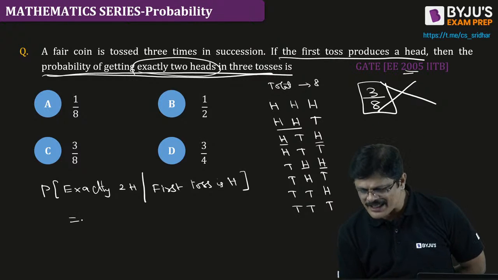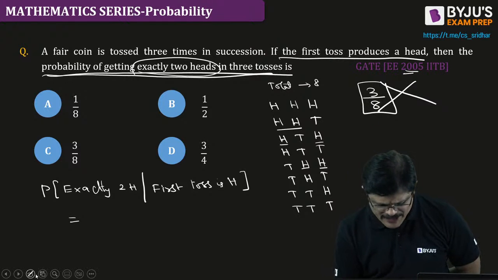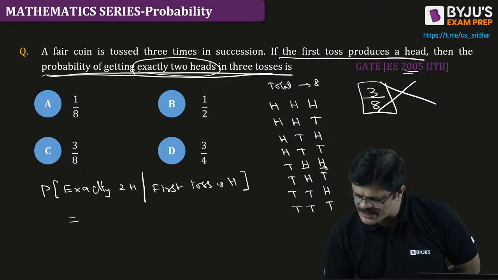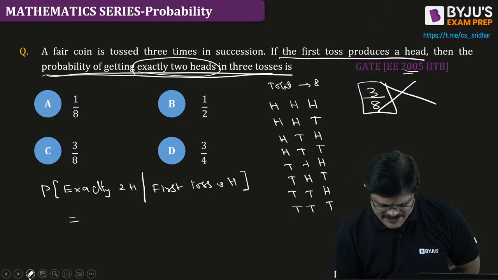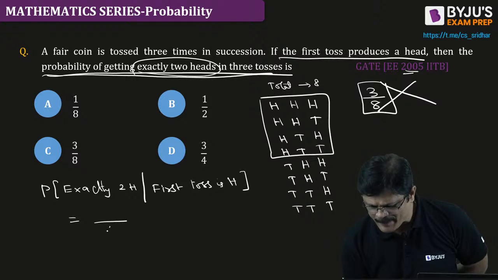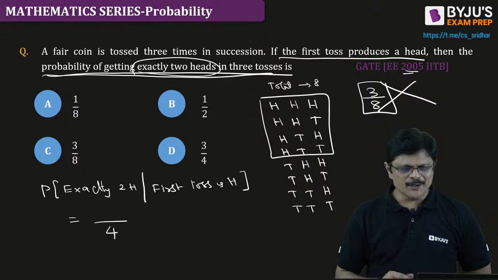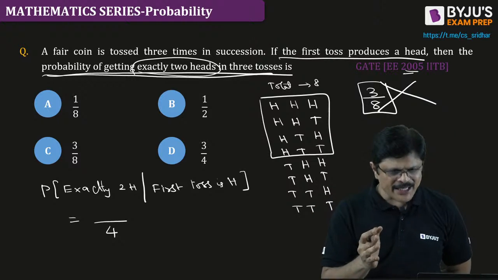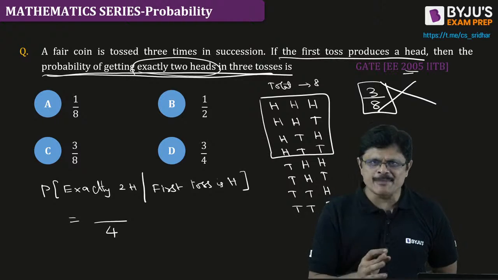So when the first toss is head, it is not 8 possibilities, my dear friends. When he says first toss is head, only 4 favorable cases happened. Only these 4. Snehal Patil, you made a mistake. Most of the people are making the same mistake.